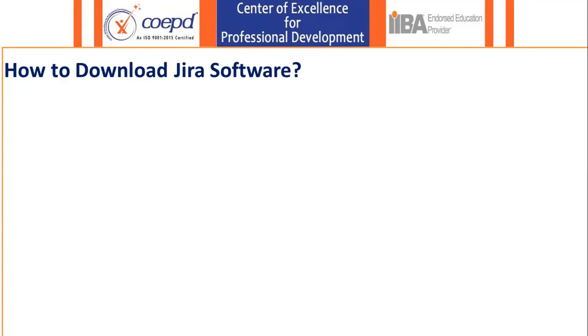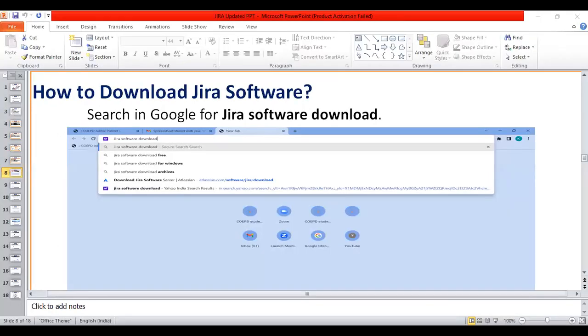COPD will not download JIRA for you, guys. There is a recording available, and if you're confused, you can go through that recording and download JIRA. Now let's talk about how we go to the JIRA software, guys. Are you all clear so far?